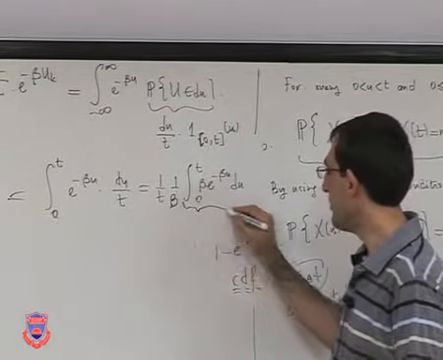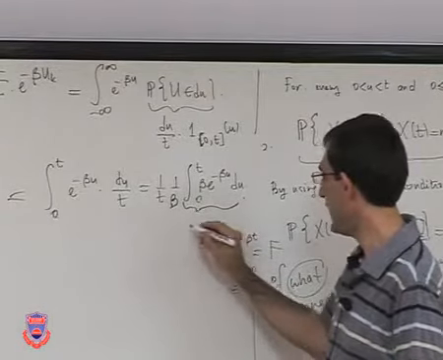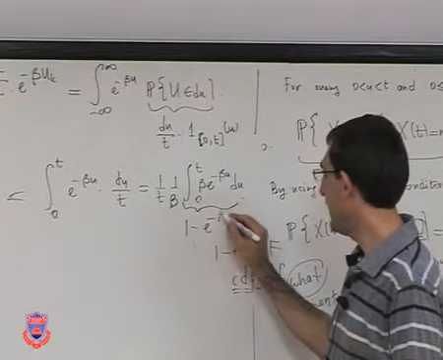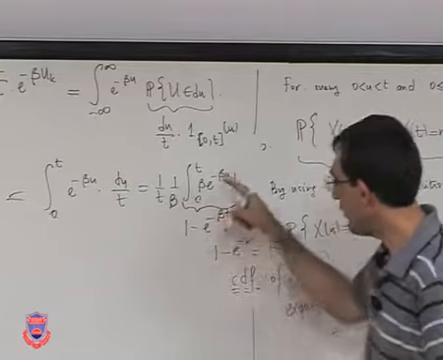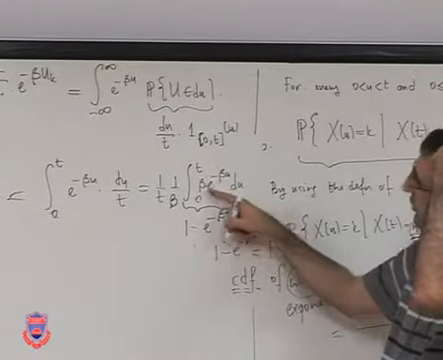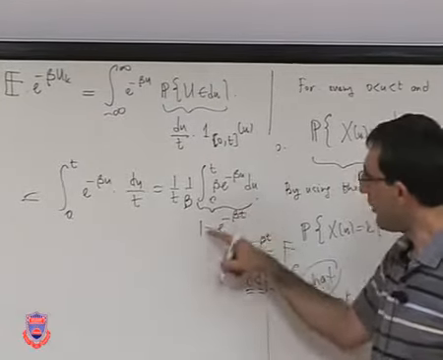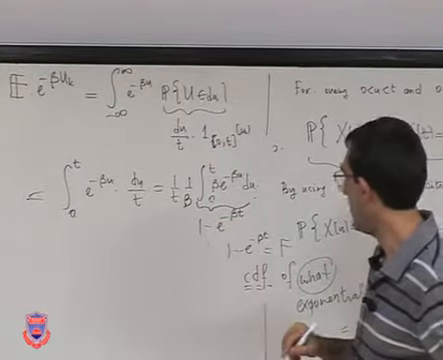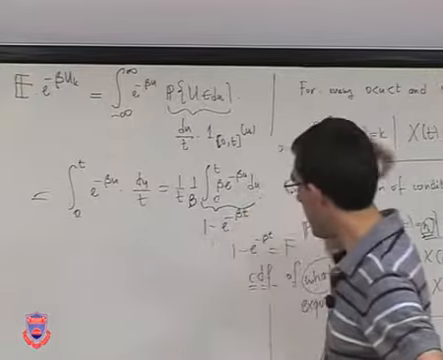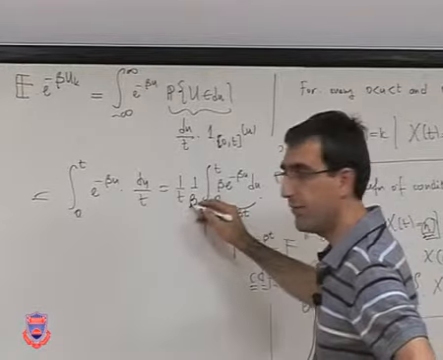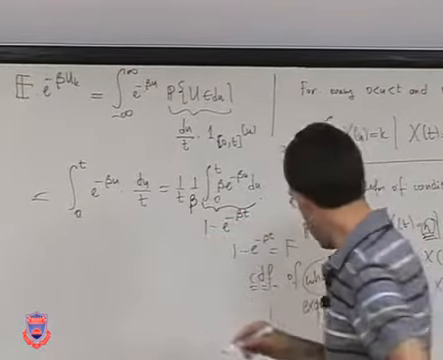And I usually remember this one better than anyone else. When you know the density, you don't calculate the cumulative distribution function, but remember that there was 1 minus e to the minus beta t. Right?